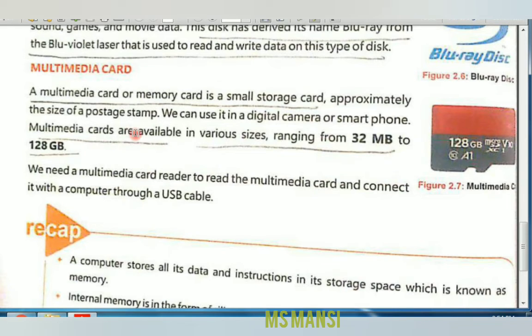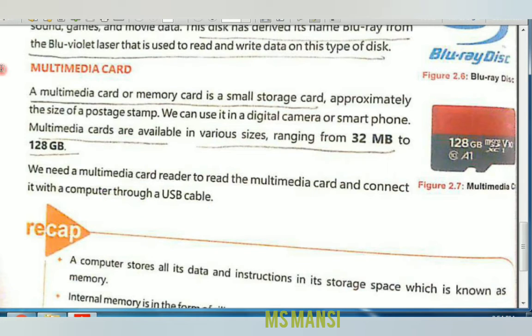Multimedia cards are available in various sizes ranging from 32 MB to 128 GB. We need a card reader to read the multimedia card and connect it with the computer through a USB cable.